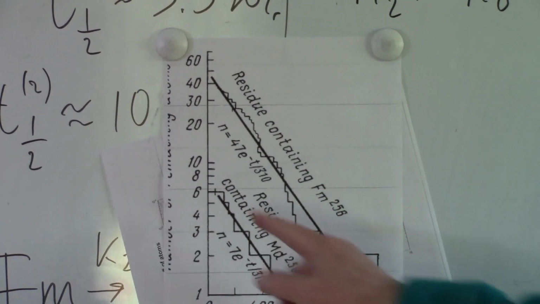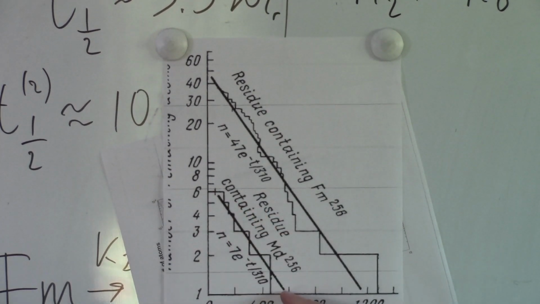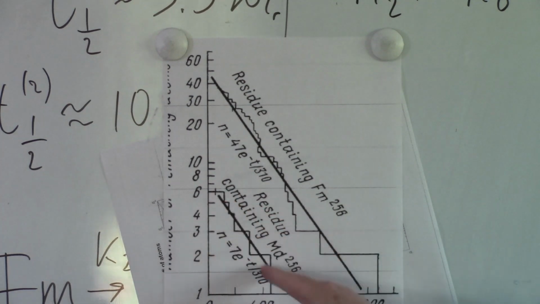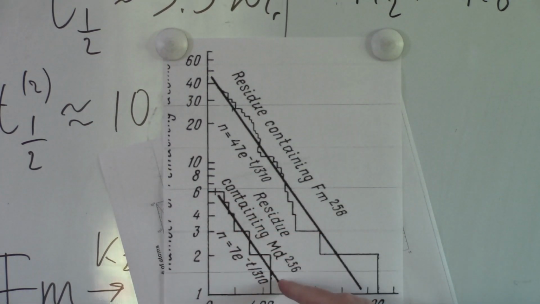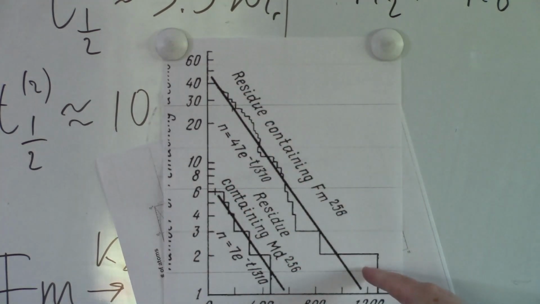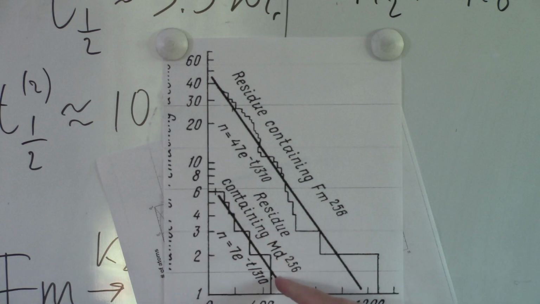The line which somehow describes this staircase is parallel to this line. What does it mean? It means that it has the same half-life. So this is one of the most famous graphs in the whole of nuclear physics.